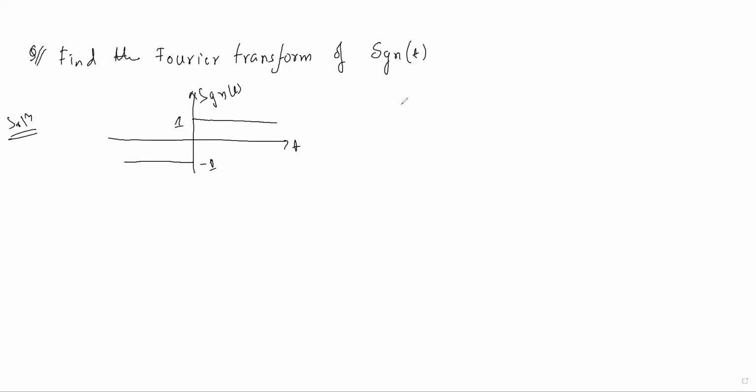For the signum function, if you check the first condition, the integral from -infinity to infinity of mod of x(t) dt, the mod takes the negative amplitude as positive, so it is a constant, and when you take the limit it gives an infinite value. So the first condition is not satisfied, and that's why we have to take an alternative method.